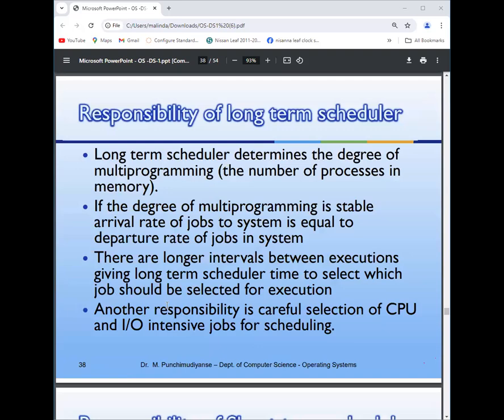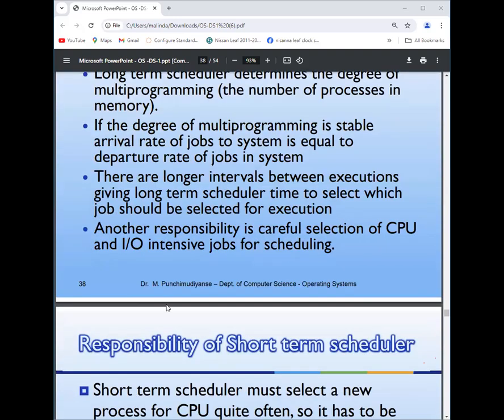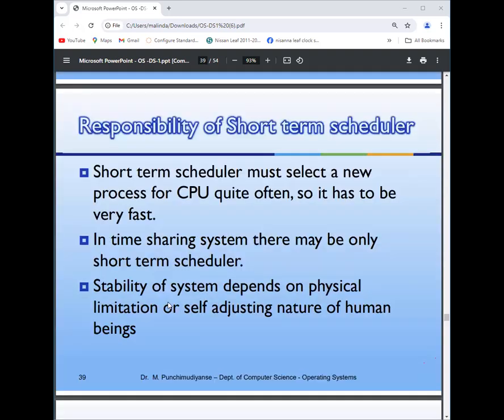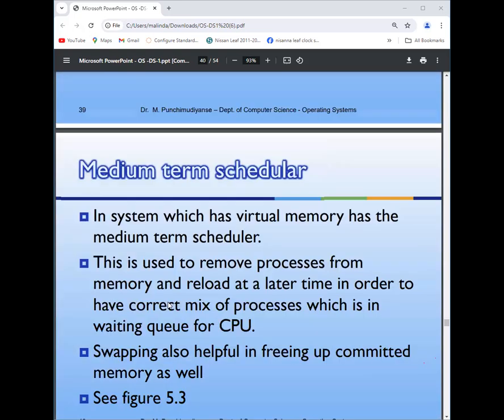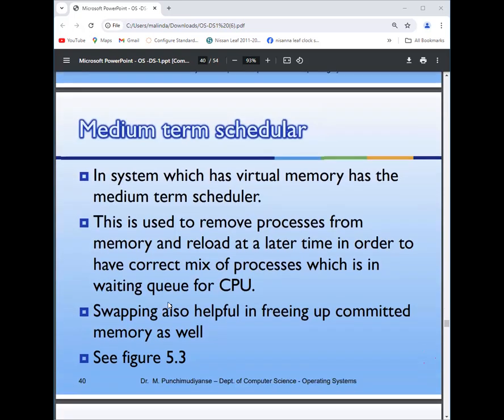Right. So now these things you can read from the book, so I will skip. And in the medium term scheduler, sometimes when the system memory, the primary memory, we call it RAM, is not enough, we might move those entire processes along with their memory requests into a special area in the disk called virtual memory.